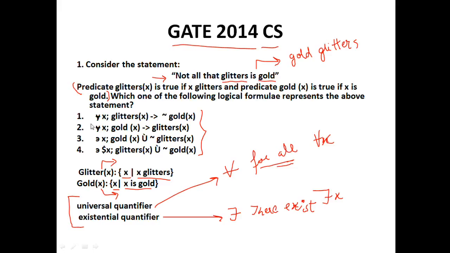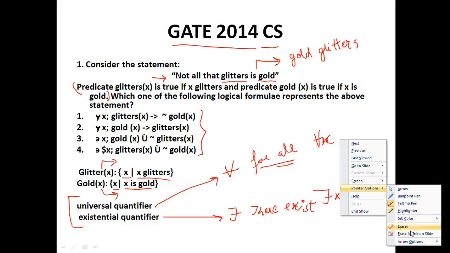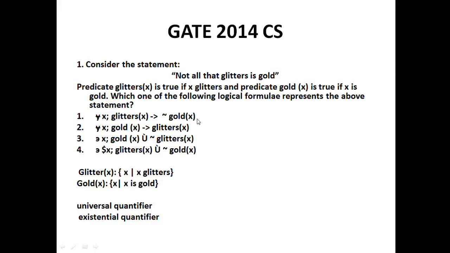So I'll just try and tell you what these four statements mean in English, and we'll erase this. The first statement says this symbol. What is this symbol? Universal quantifier. What was that? For all. So how do we say it? For all x.